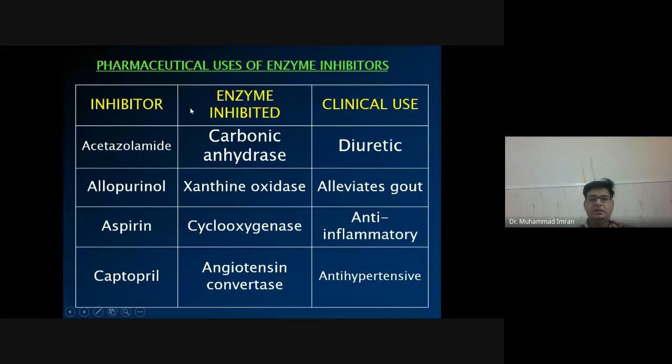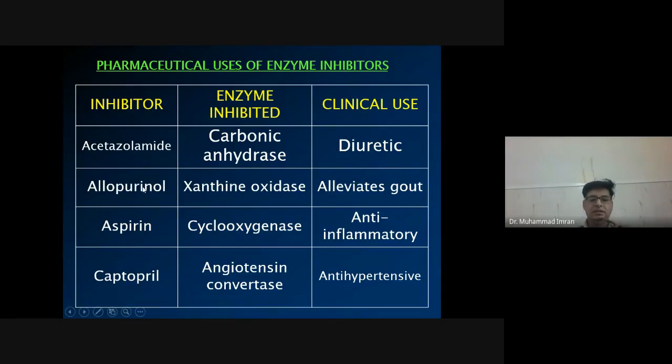Then what are the pharmaceutical uses of enzyme inhibitors? Acetazolamide is an inhibitor of carbonic anhydrase, and it is used as a diuretic drug. Allopurinol is an inhibitor of xanthine oxidase, and it is used to prevent gout. What happens?